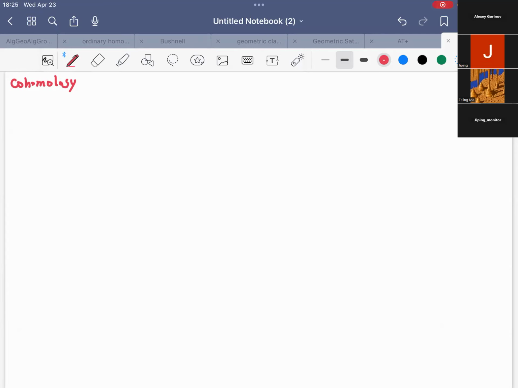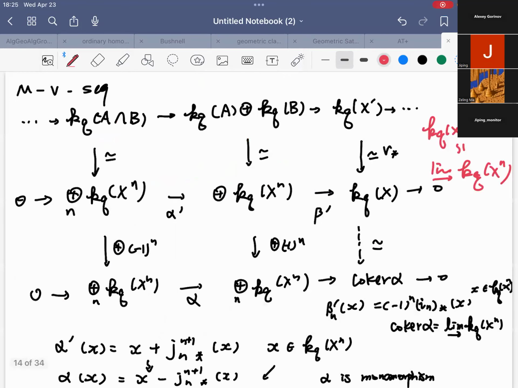By the way, the only real difference is that the direct limit is exact, whereas the inverse limit is not in general exact. So where exactly did we use the direct limit statement in this proof?